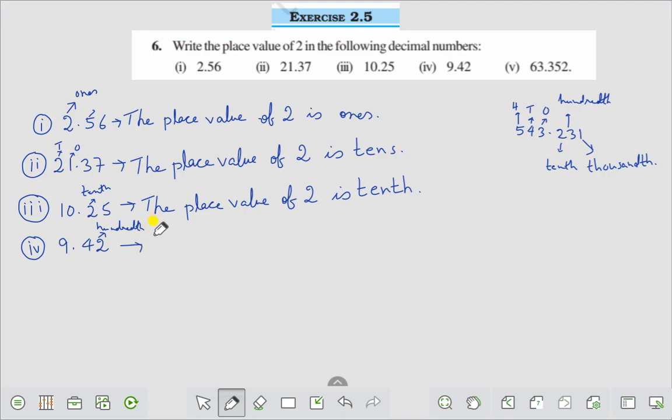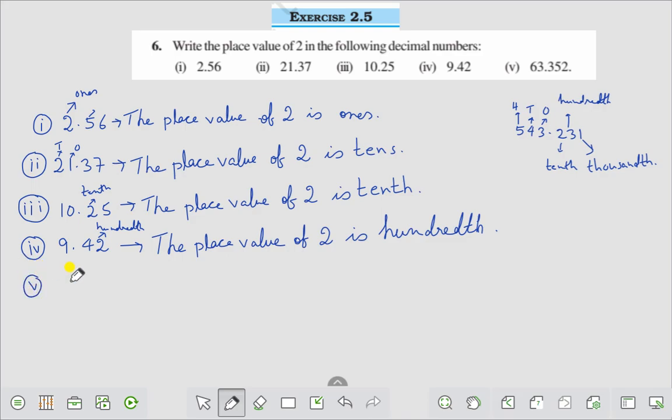Therefore, you can write here that the place value of 2 is hundredth, right?